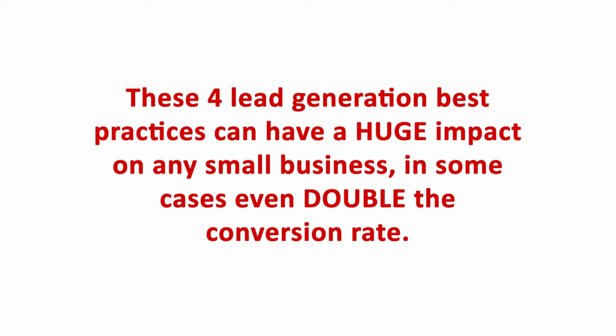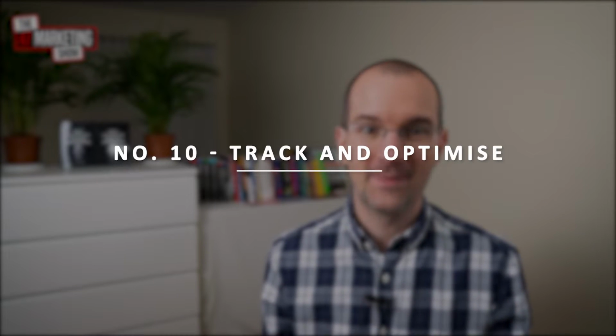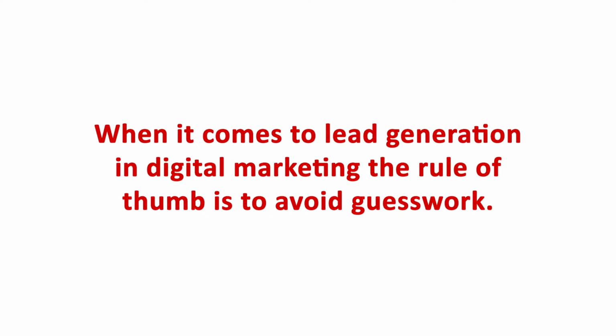These 4 lead generation best practices can have a huge impact on any small business, in some cases even double the conversion rate. And now let's talk about another marketing automation best practice for getting leads. Number 10, track and optimize. When it comes to lead generation in digital marketing, the rule of thumb is to avoid guesswork.